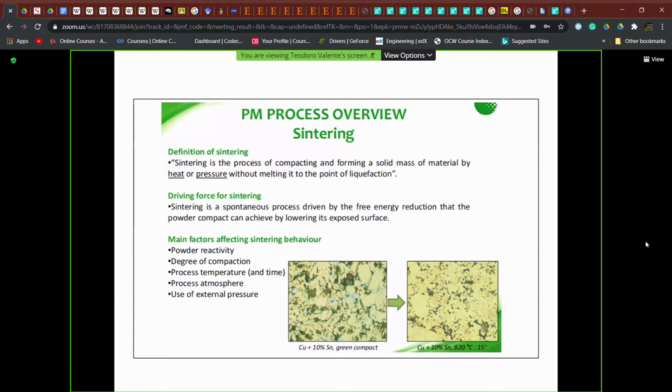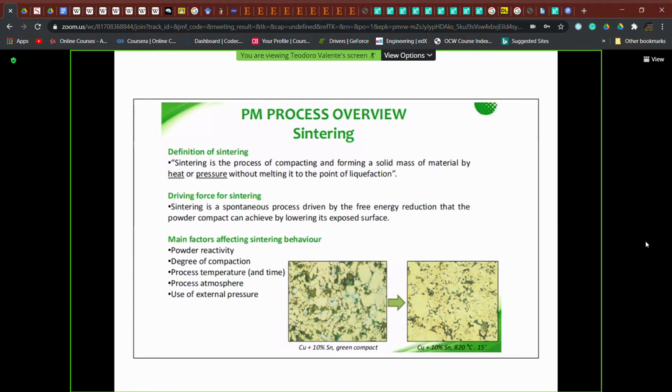Sintering is a spontaneous process which is driven by the free energy reduction that the powder compact can achieve by lowering its exposed surface. And as we said, this is a process which is essentially driven by temperature and by solid state diffusion, even though we do have some variants.